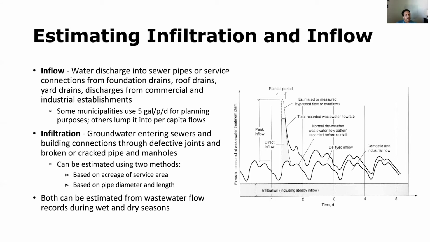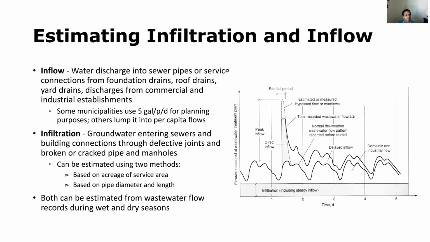In some communities, 5 gallons per person per day is used for planning purposes. In other regulations, you might see that inflow is lumped in with the per capita flows. So for that base flow, typically like 80, 100 gallons per capita per day, in some municipalities, they might just lump this assumption of inflow in with the per capita flow rates.